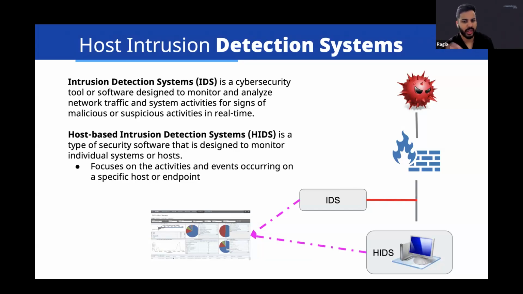IDS sits at the network level, watching traffic flow, while HIDS is installed directly on an individual endpoint. HIDS focuses specifically on what's happening on that single machine. It monitors file changes, login attempts, running processes, basically anything suspicious happening locally, okay? So again, IDS just observes, it's a detection system.